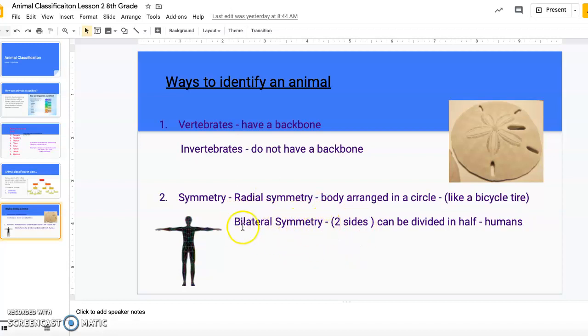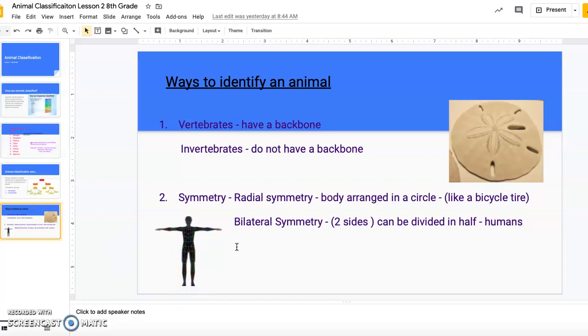Let's talk about bilateral real quick. Bi means two, right, like bicycle, bilateral. Bilateral symmetry means you have two halves of your body that can be pretty much divided in half. A human has bilateral symmetry right down the center of their face, through their nose, all the way down. If you folded us in half, we would be the same.